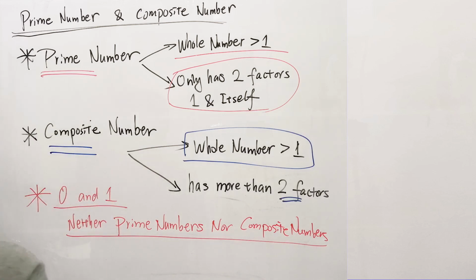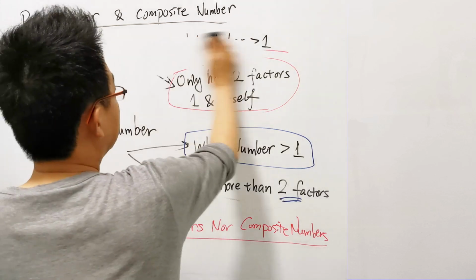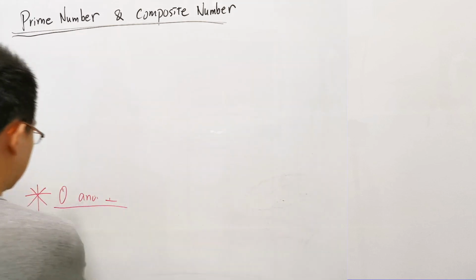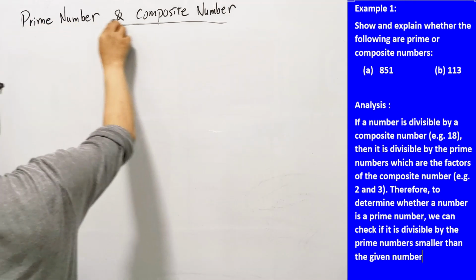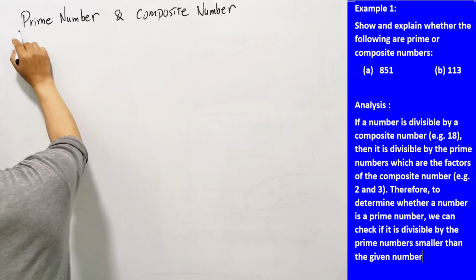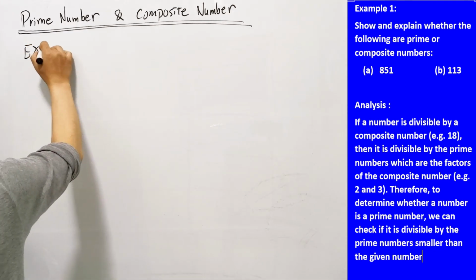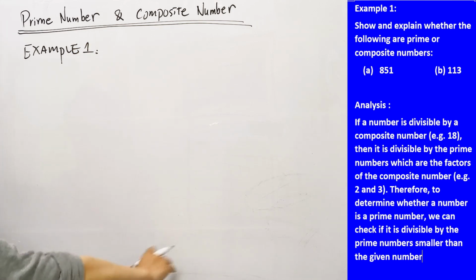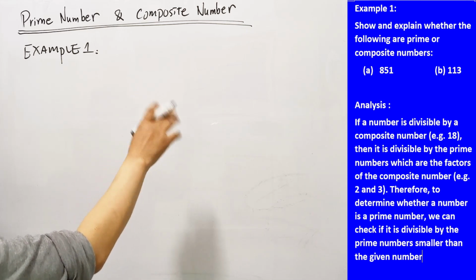Now let's do some examples. Example 1: show and explain whether the following are prime or composite numbers.